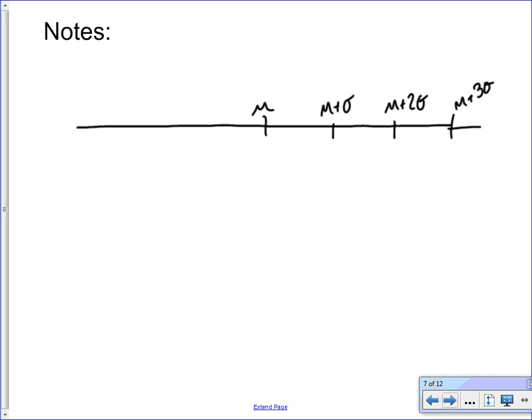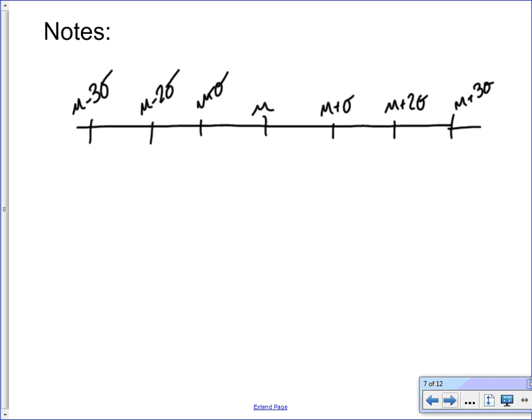And then on the other side, I can subtract: mu minus 1 standard deviation, mu minus 2, mu minus 3. You've got to be okay with those Greek letters. It's just saying subtract a standard deviation, subtract another, subtract a third. And we're 3 standard deviations away from our mean.